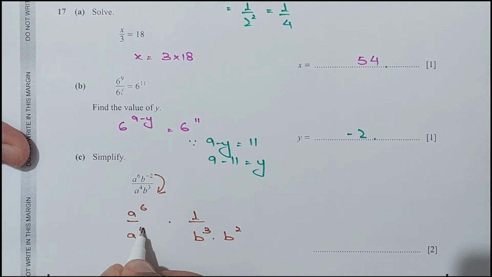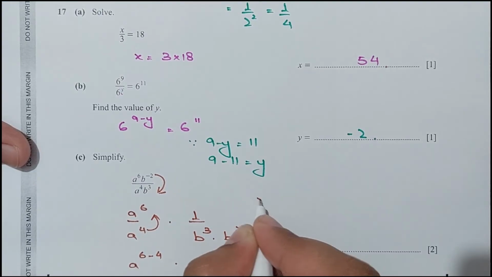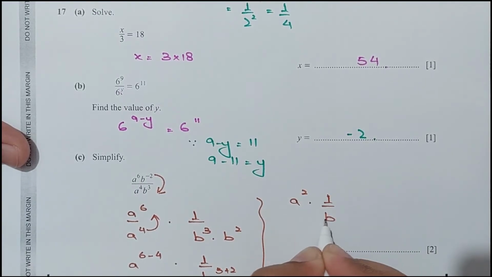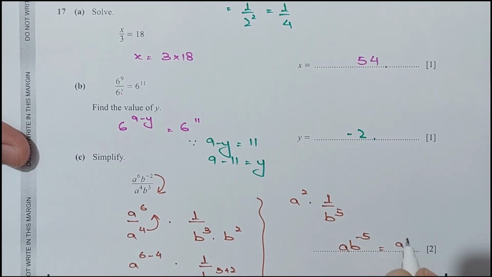We can simplify a to the power 6 minus 4, and 1 over b to the power 3 plus 2. So a to the power 2 into 1 over b to the power 5. So the simplified answer is a squared b to the power minus 5, or we can say a square over b to the power 5 is the simplified answer.